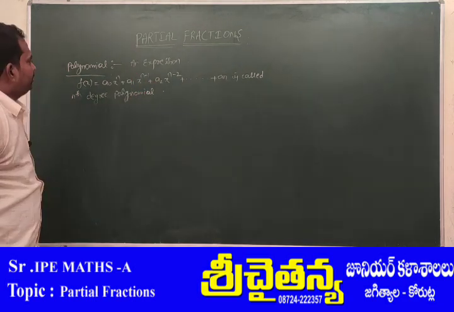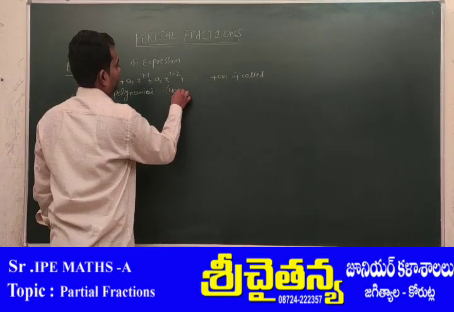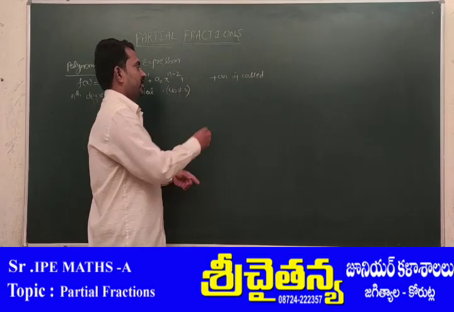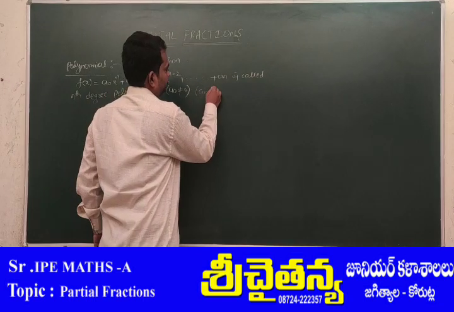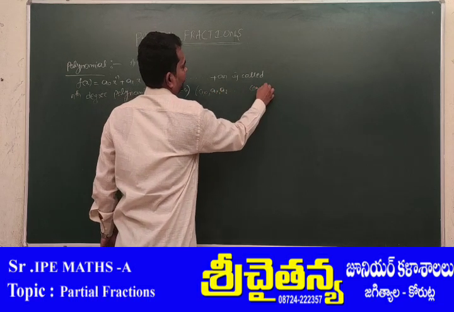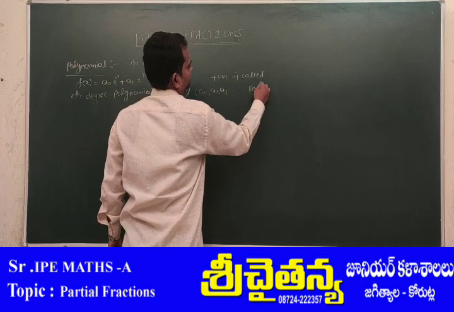An expression in this format, where a naught is compulsorily not equal to 0. Here a naught, a1, a2, ..., an are complex numbers, but here we should take them as real numbers only.